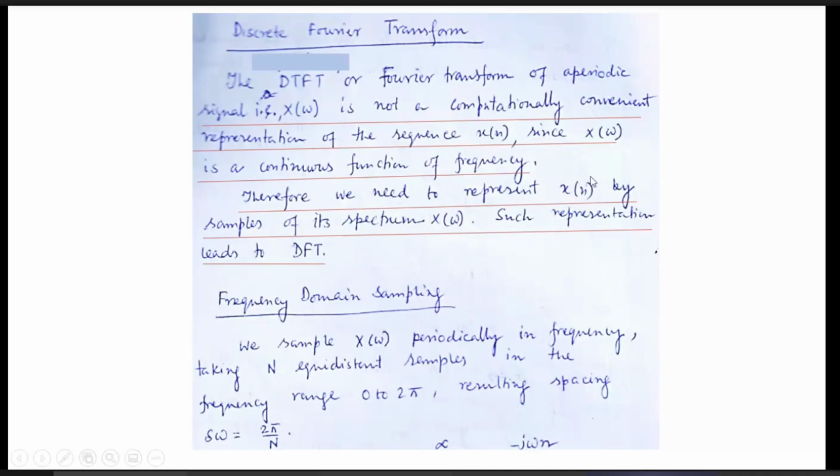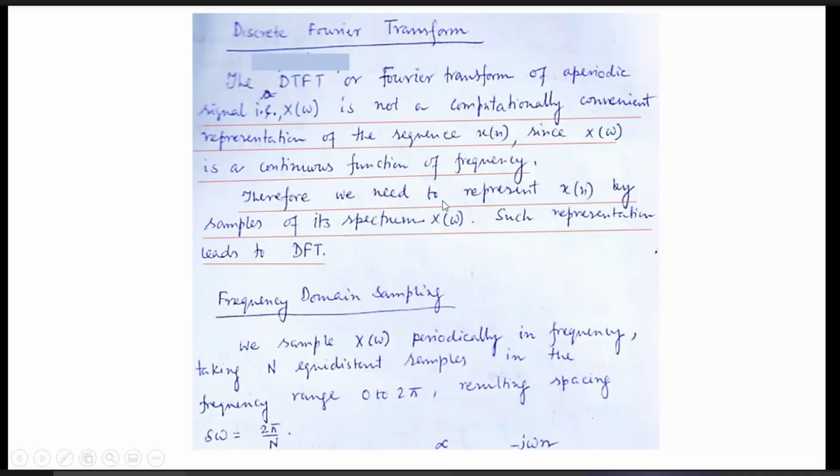The representation, the discrete time Fourier transform in the frequency domain, that is X of omega, is actually not a computationally convenient representation of the sequence x of n, since X of omega is a continuous function of frequency.